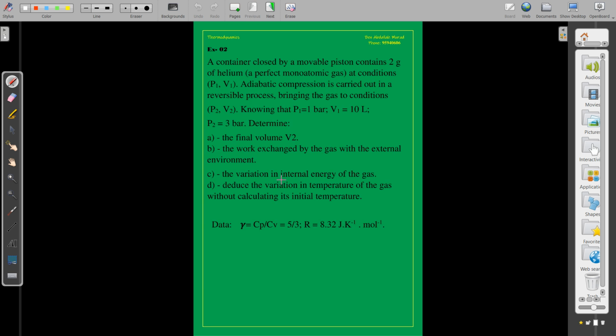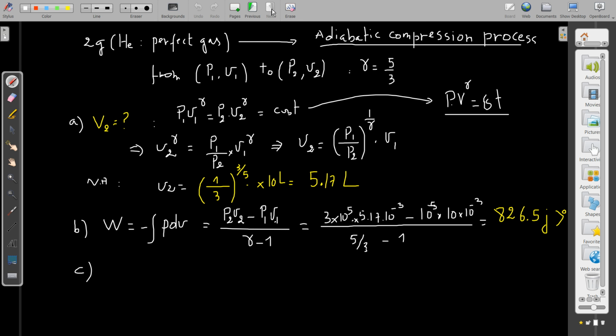C. We ask for the change in the internal energy of this gas. For the change, it means delta U. Delta U in formula is equal to work plus the heat Q. But if it's an adiabatic compression process, automatically Q is equal to 0.